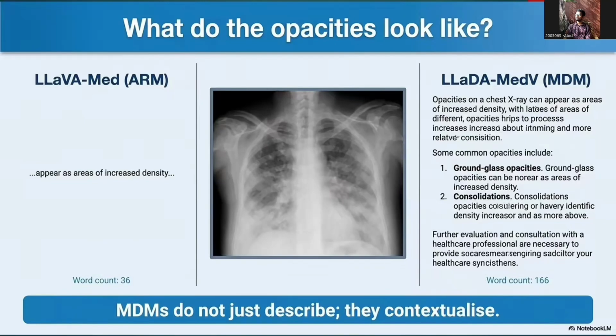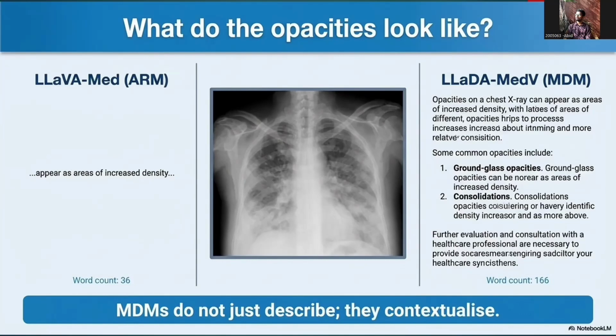Let's look at a practical clinical example. When asked to describe opacities in the chest X-ray, the autoregressive LLaDA-MedV model gives a brief 36-word response, simply noting the areas of increased density. On the other hand, the LLaDA-MedV generates a detailed 166-word analysis.